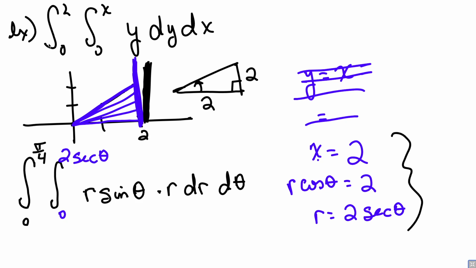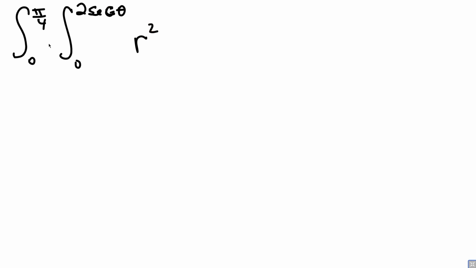Okay, so let's work on this problem to evaluate this. We have the integral from 0 to pi over 4, then the integral from 0 to 2 secant theta, and we have r squared sine theta dr d theta.